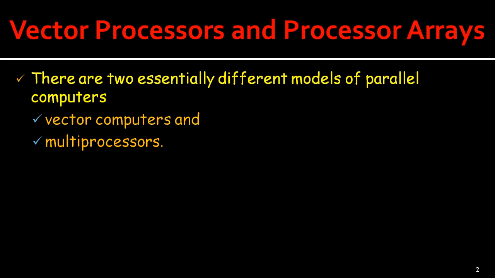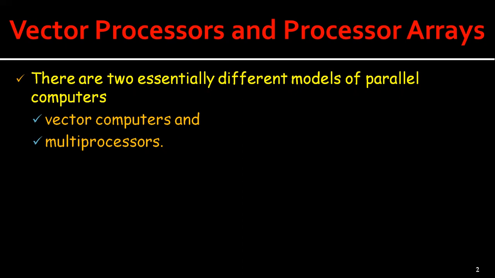Because all the PEs execute the same instruction at the same time, this type of architecture is suited for problems with data parallelism. Processor arrays are often used in scientific applications because these often contain a high amount of data parallelism.